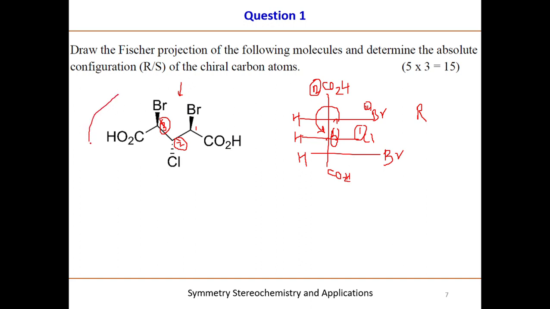That means this group and this group are the same priority group, have the same molecular weight. So this carbon is not a chiral center in this molecule. And RS configuration is possible only for a chiral center. So here we cannot assign RS nomenclature for this carbon atom. Correct?